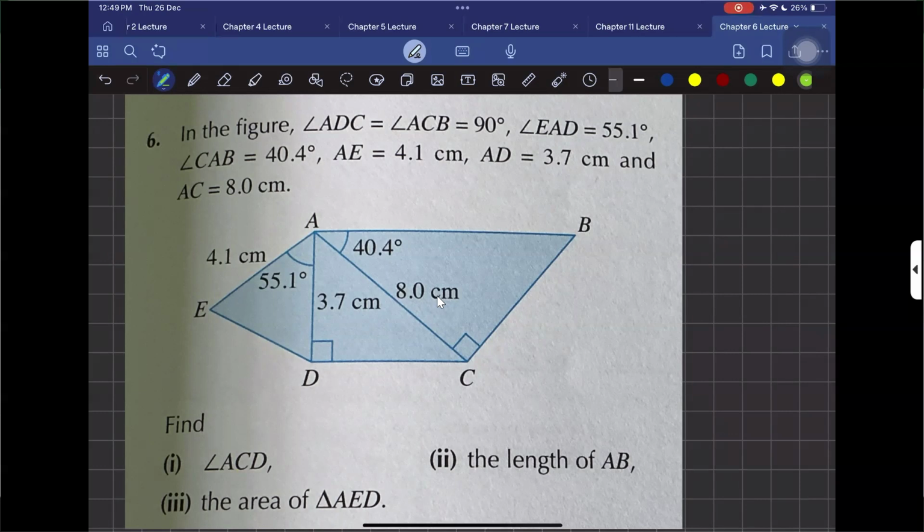AD is given to be 3.7 and AC is given to be 8.0, and you know that this is a right angle triangle.